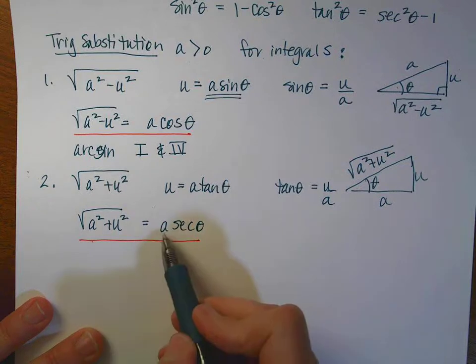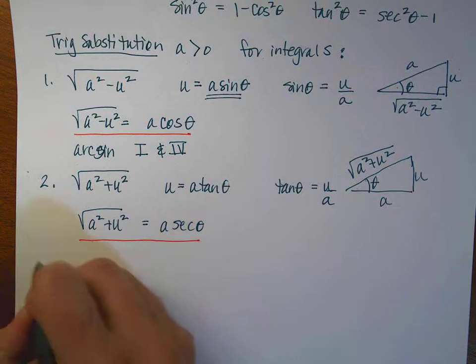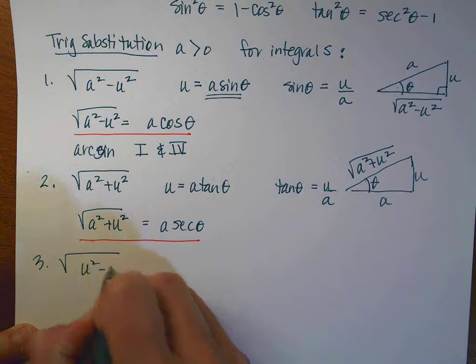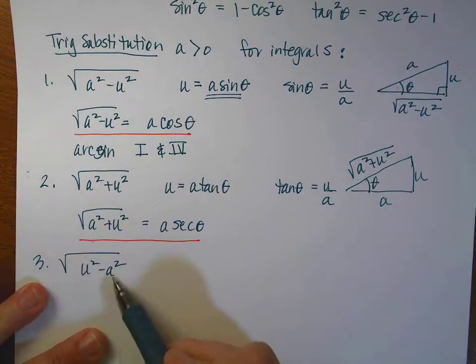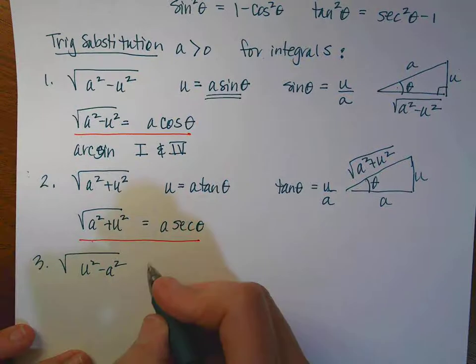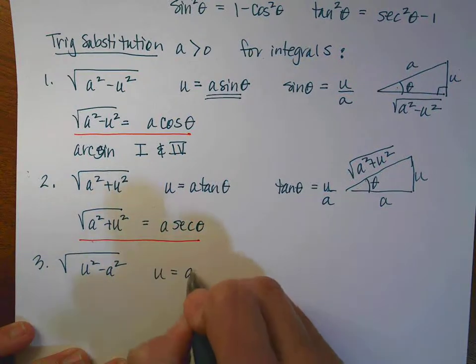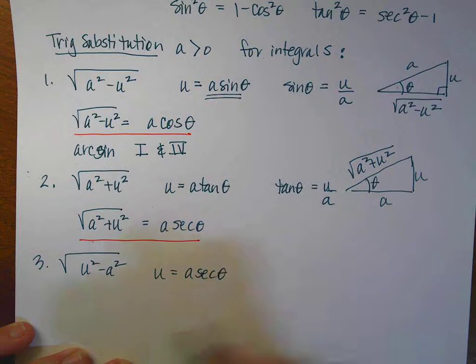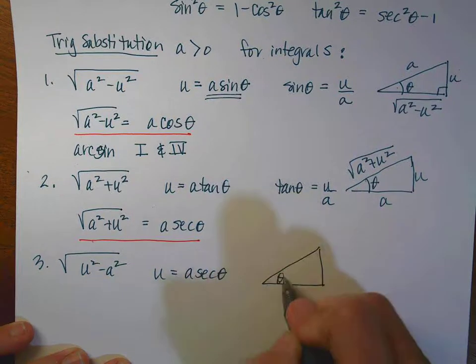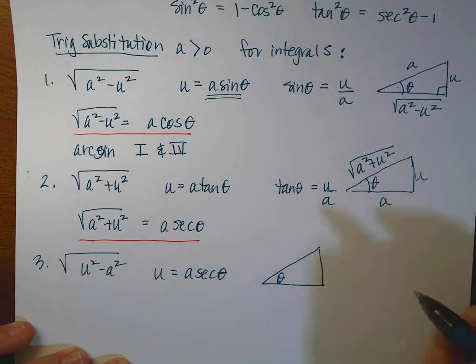And then, what's my next one? One more. Number 3, I'm going to have u squared minus a squared. Notice that the third one is the exact opposite of the first one. So I'm going to let u equal a secant theta. If I draw my right triangle again, here's my theta.